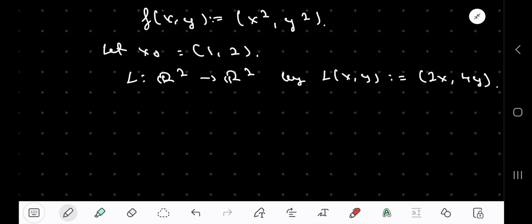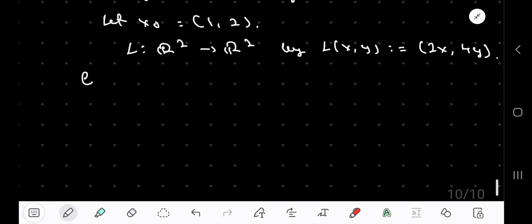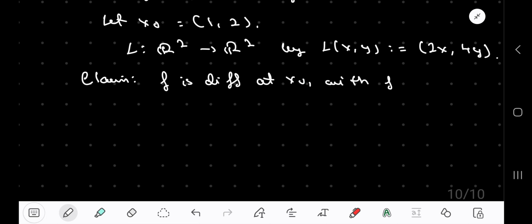So what we claim is that f is differentiable at x naught with the derivative being L.